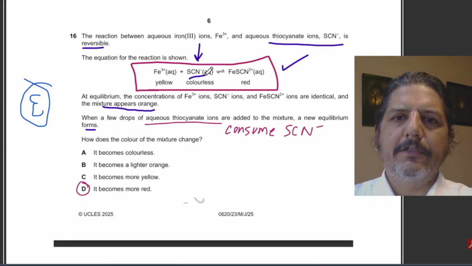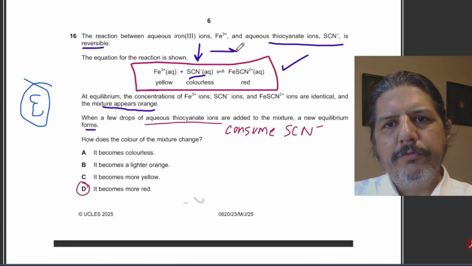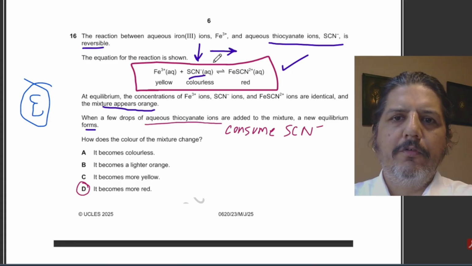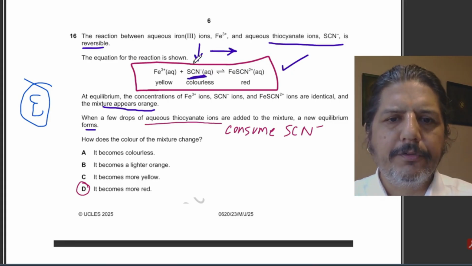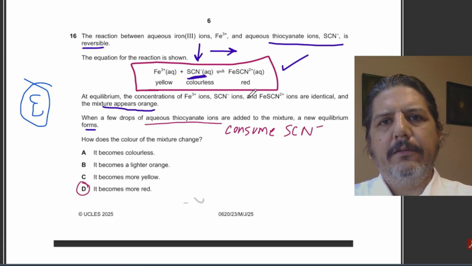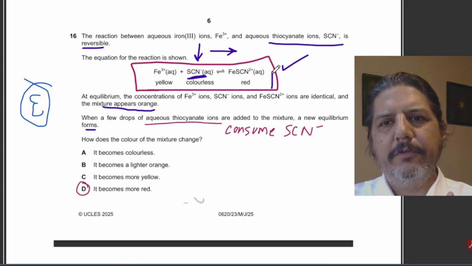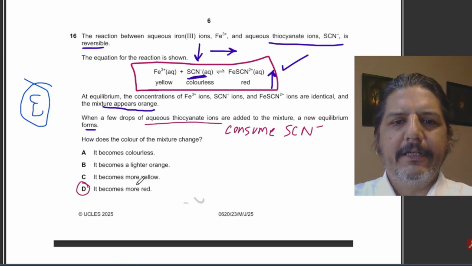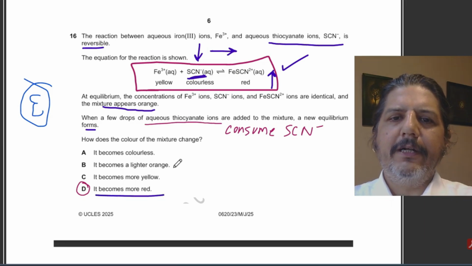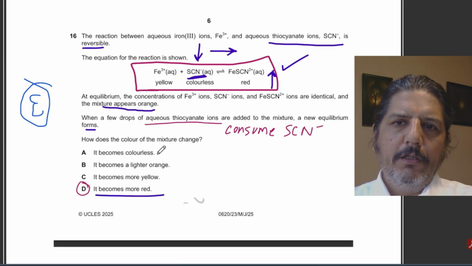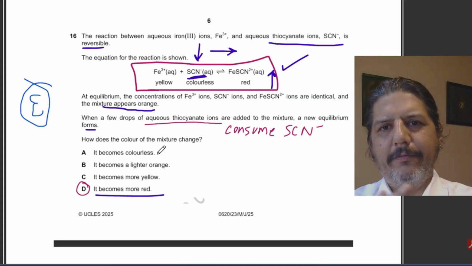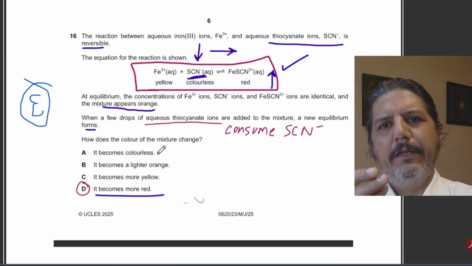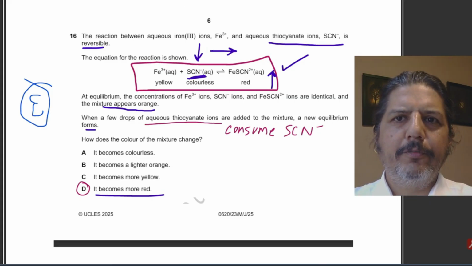It can do so only if it moves in the forward direction, because in the forward direction these ions would be consumed. I hope this is making sense. When these are consumed, the concentration of the product increases, and that is why the mixture gets more red in color.